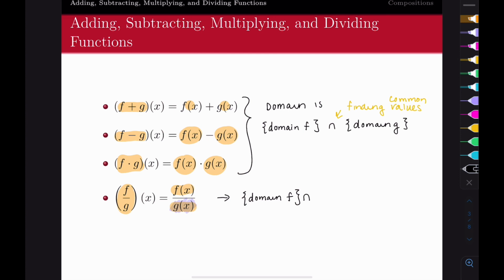You find the values in common with g. And then you also need to exclude values that cause the denominator to equal 0. So the way we can write this as an intersection is we also find values that don't cause g to be 0.